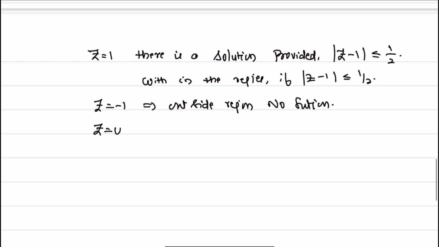Z is equal to 0 is outside the region, no solution.